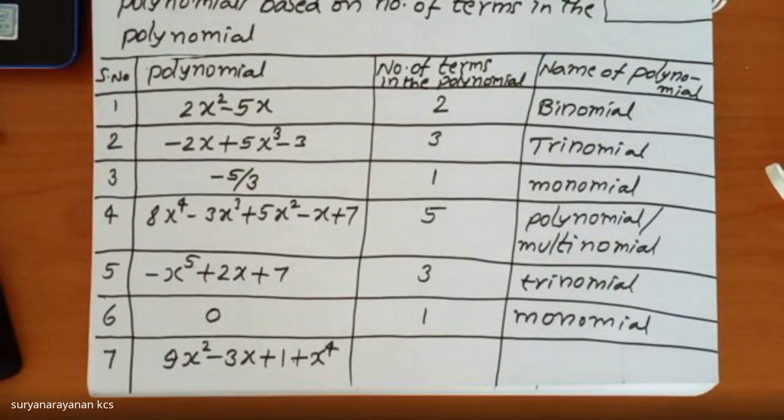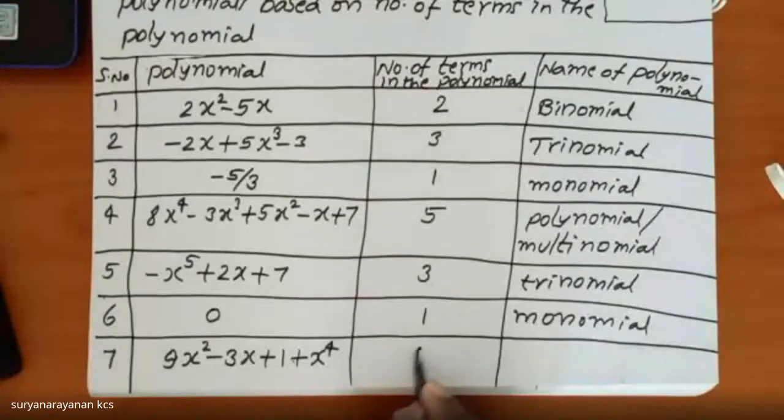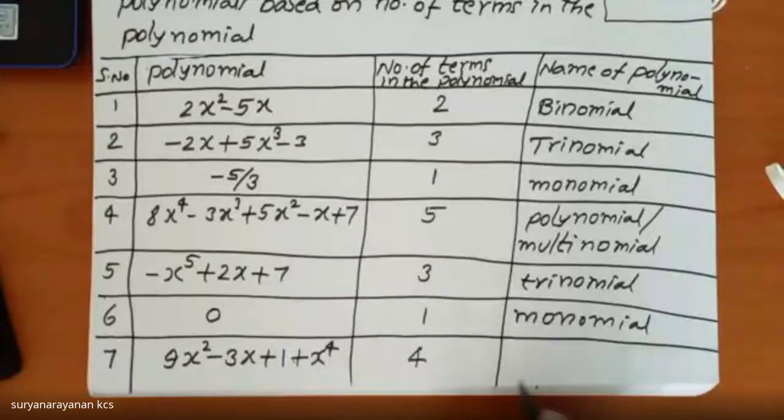How many terms are there in this polynomial? Sir, four. Four terms. What is this polynomial called? So polynomial or multinomial? Multinomial.